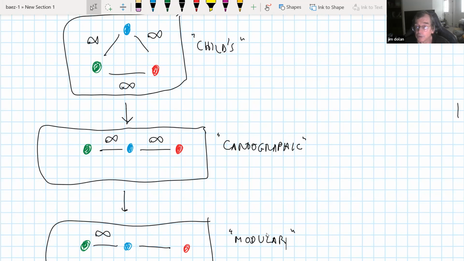They preserve all the colimits. Actually, they're a little bit better than that. They are geometric morphisms. They preserve all finite limits, and they preserve all colimits.